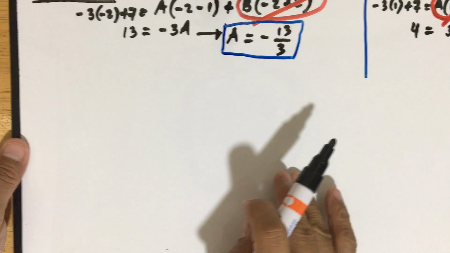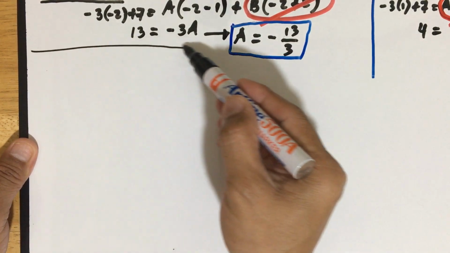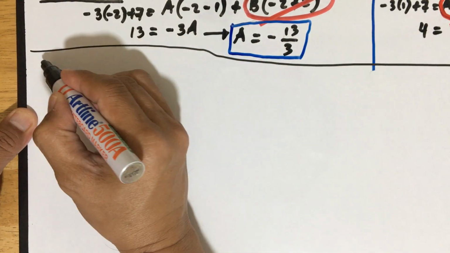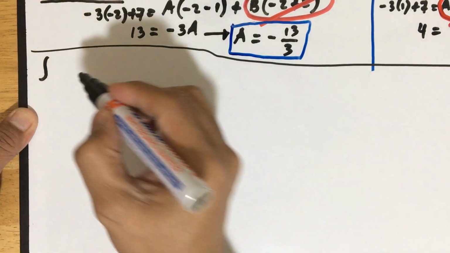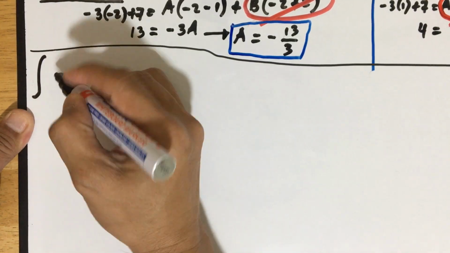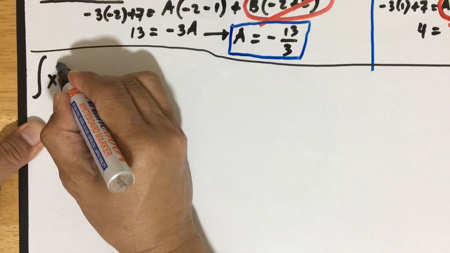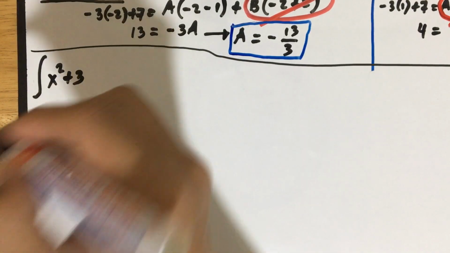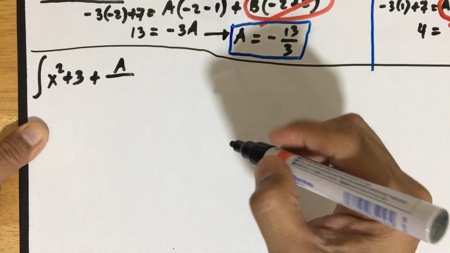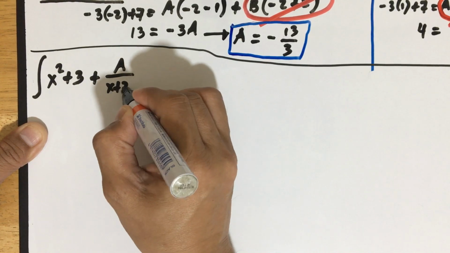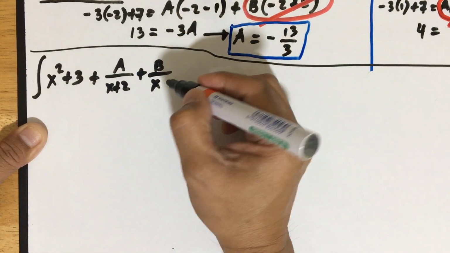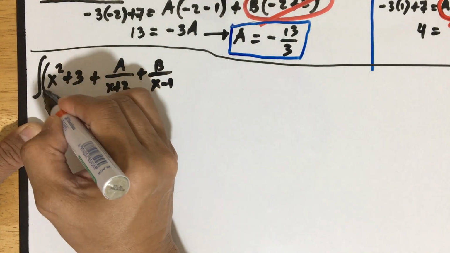So our equation is the integral of x squared plus 3, then plus a divided by x plus 2, then plus b divided by x minus 1, and everything is multiplied by dx.